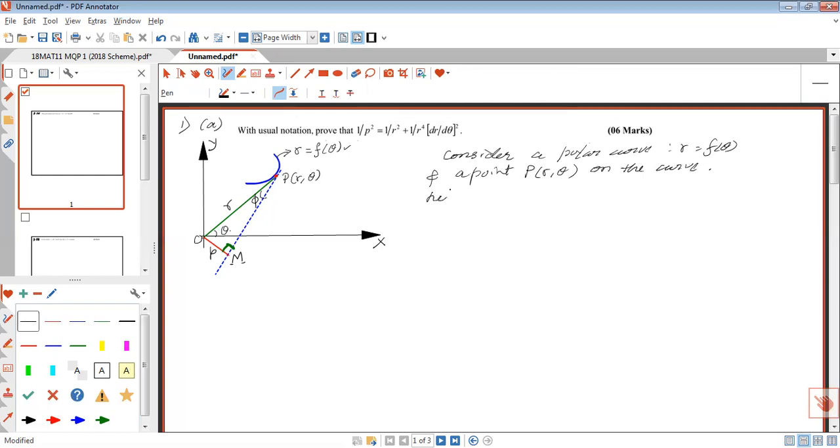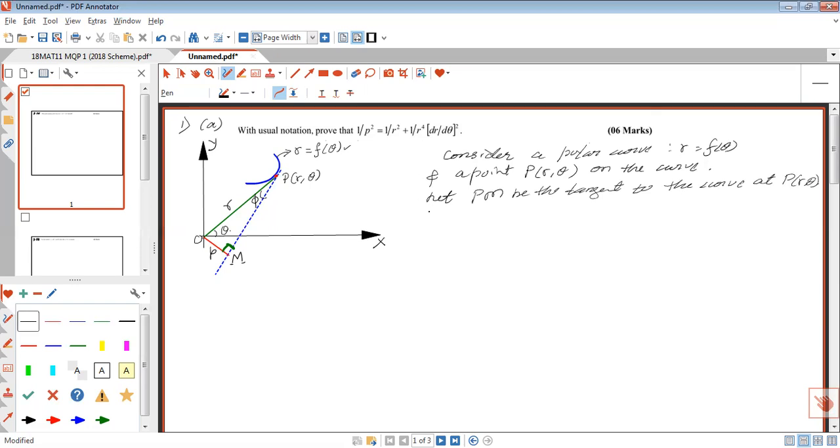Then let PM be the tangent to the curve at the point P, that is P of r comma theta.